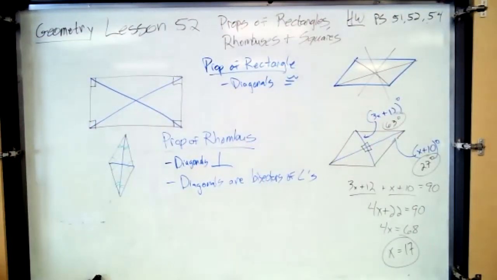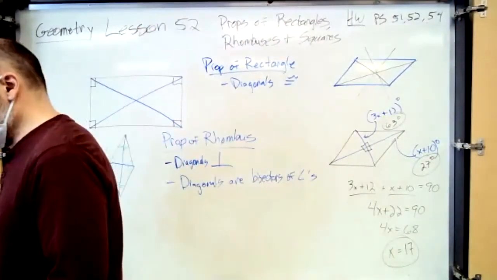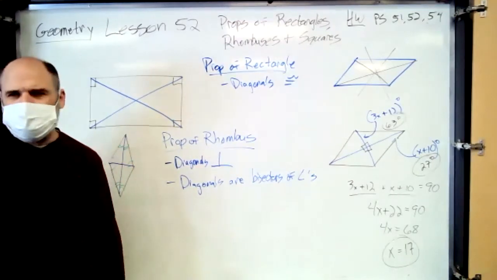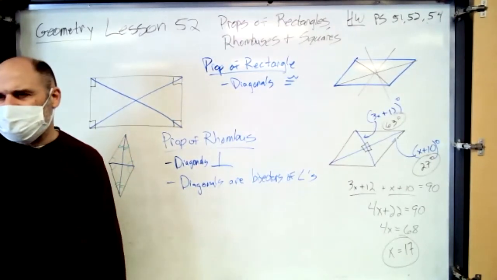I didn't mark this wrong so far, but I actually told you wrong on one of the practice test questions. The point that is equidistant from each vertex is not the centroid. It's not that. I messed up.